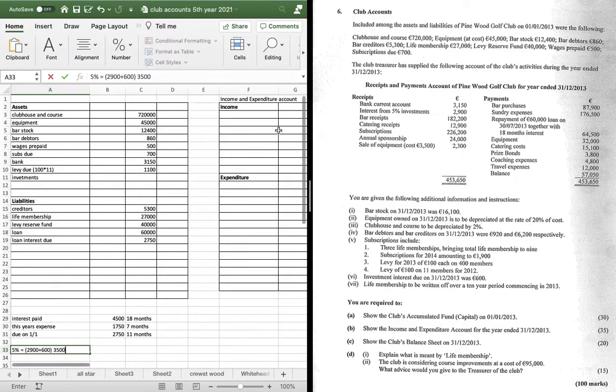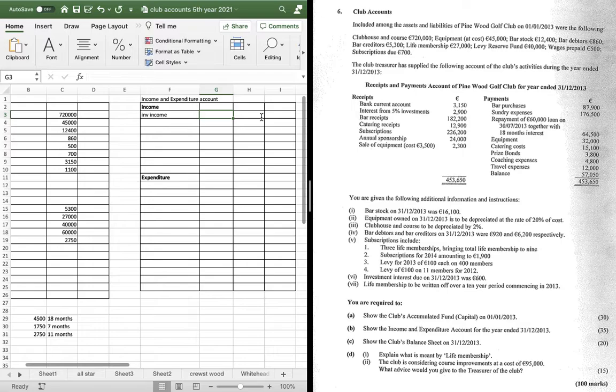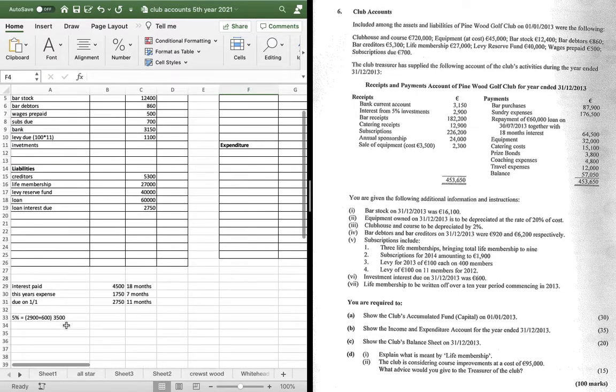All right? It's going to be our investment income. When we get to it, I'm just going to put that in case I forget it. 3,500. Okay? So 5% equals 3,500. We need to find 100%. So the investments then will be 3,500 divided by 5 multiplied by 100, which is 70,000.